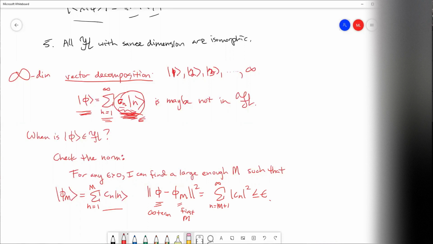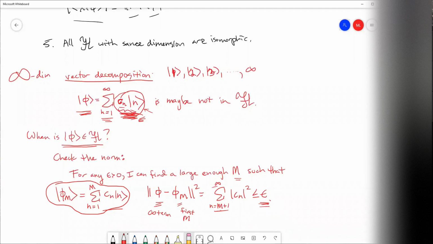And what does this mean? It means that this thing is in your Hilbert space, and we can form a sensible decomposition as long as the terms that shoot off to infinity can be made small, right? That you can always find a big enough m, so that you only have to sum over the first m elements in this vector decomposition, so that the other piece of that sum from m to infinity is small, bounded by any bound that you want, like say 0.1.